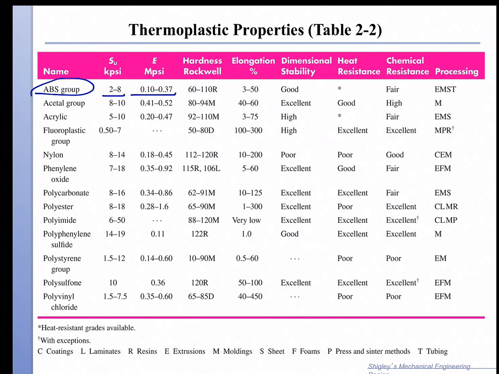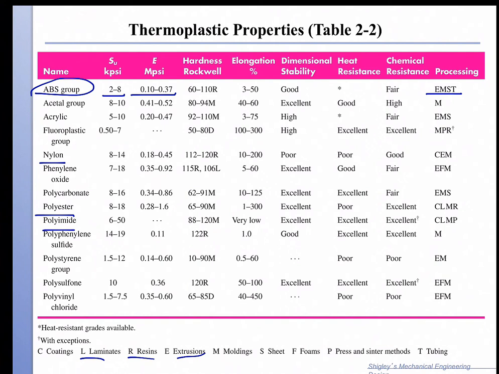And what I would like to point out is the processing routes that you have available, indicated in this column, where C is coatings, L is laminate, R is resin, and so forth. So you just have to look at the different available forms for the thermoplastic. You might be familiar with some of the names here, like nylons, for example, polyester, polyimides, and so forth.